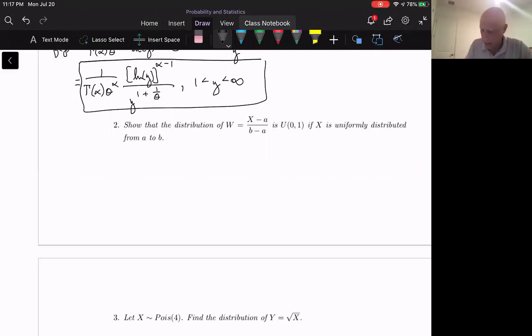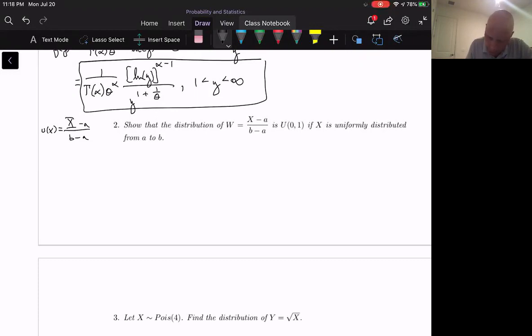So that's what we want to work through. Let's write down some of what we know. So we've got that u of x is x minus a over b minus a.